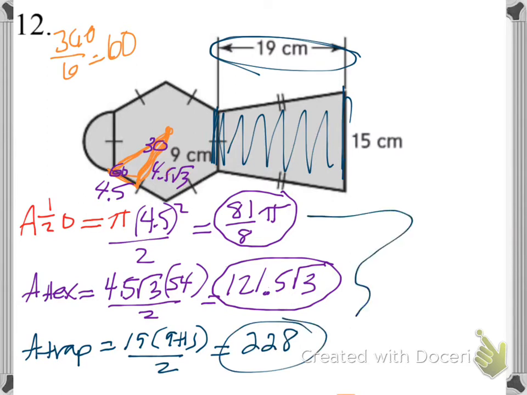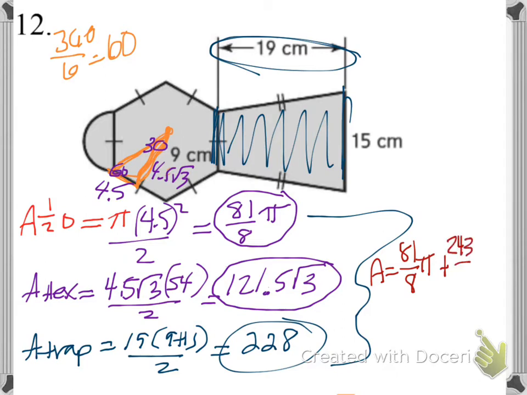So now, when you add all of those up, and we're just going to keep this as exact as possible. And so if we wanted exact, it would be 81 over 8 pi plus, you could either say 121.5 root 3, or you can put it as a fraction.